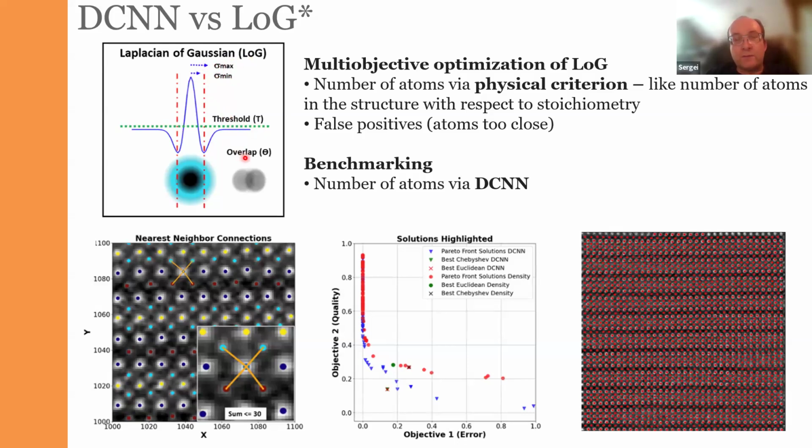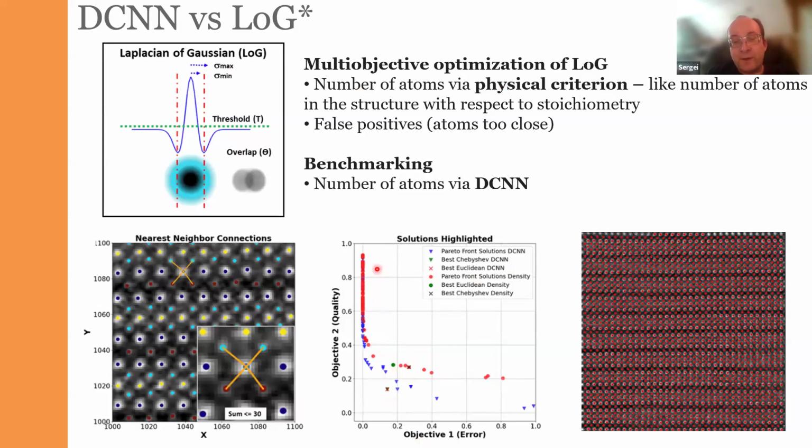I can tune them manually, and there are additional elements in how you smooth the function and the image, and so forth. But rather than tuning the parameters of this function manually, I can introduce reward functions that come from the physics of the problem, and then simply run the Pareto frontier that finds the best parameters.